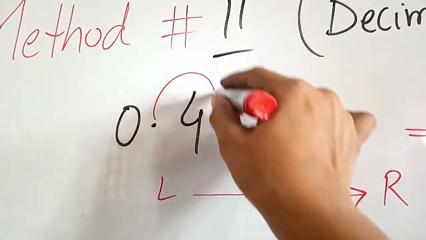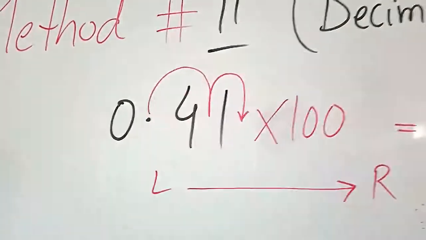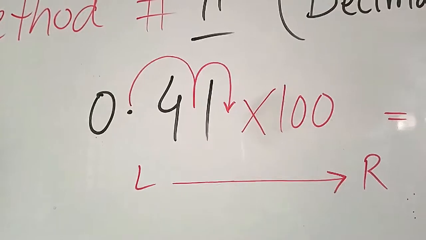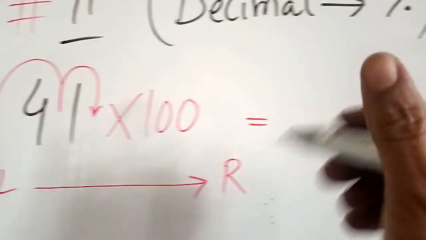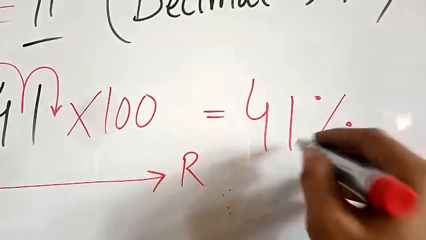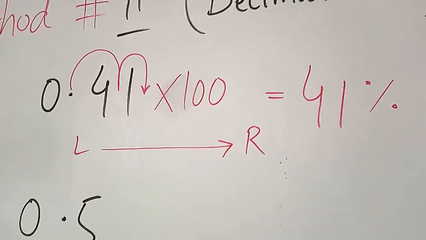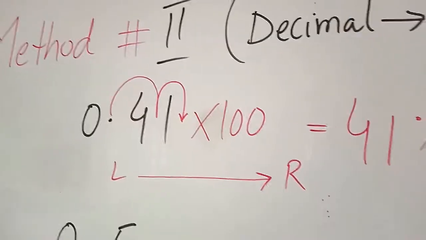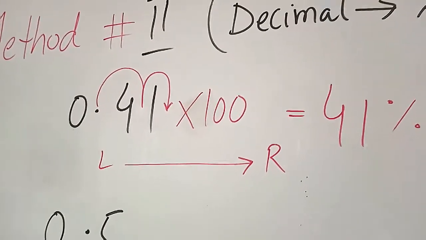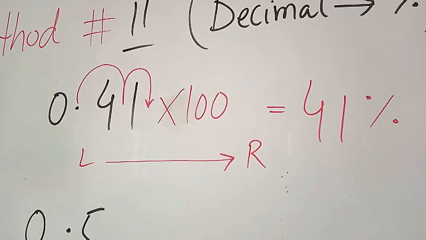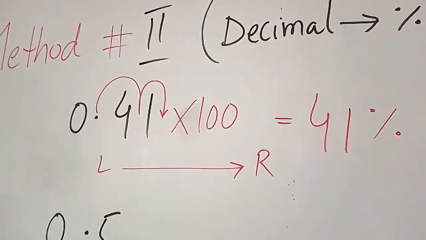How many times? We have to go 2 times, to make it 41. It means we are having a percentage of 41. Clear? Here, very simply and easily, we have converted the decimal into percent by using method number 2.